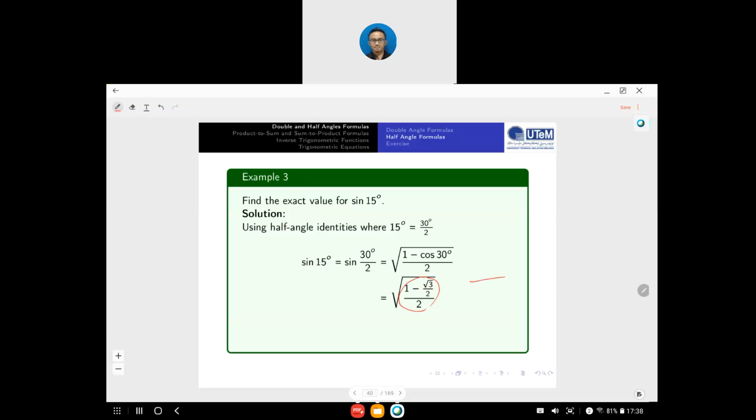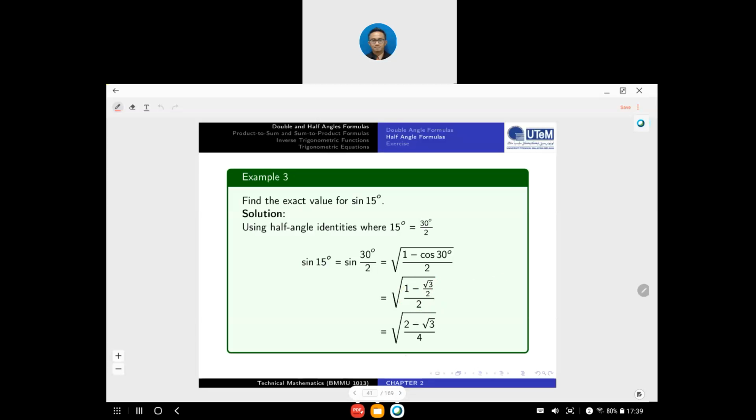So you must simplify. So in order to simplify this one, here 1 must be, dia punya denominator should be equal to 2. So 1 is times 2 over times 2 jugalah. Okay, so simplify that one, you can get 2 minus root 3 over 4. Okay, because this one become times 2.